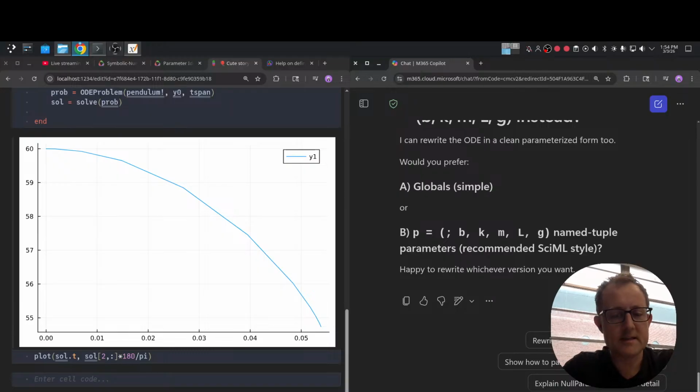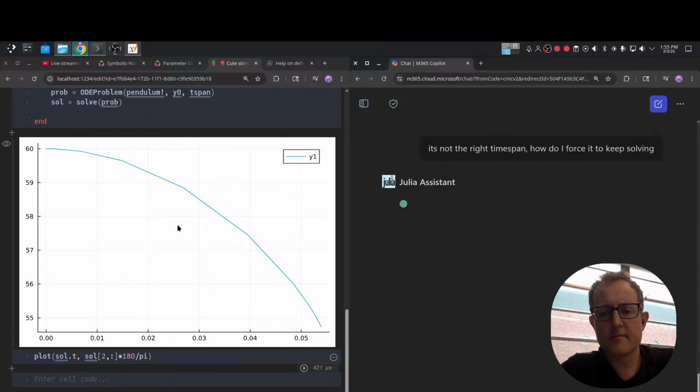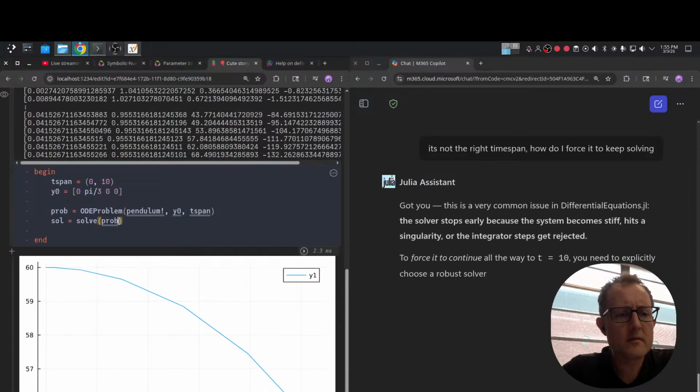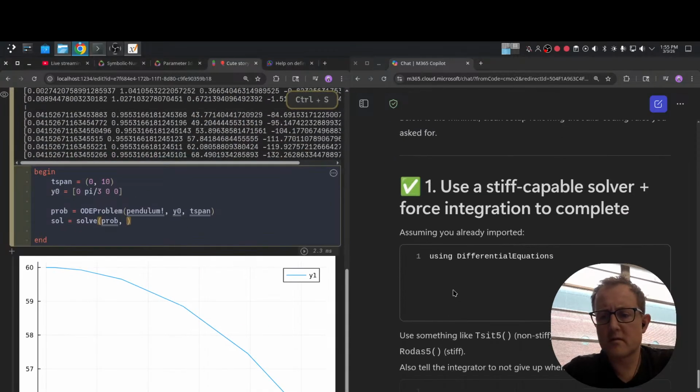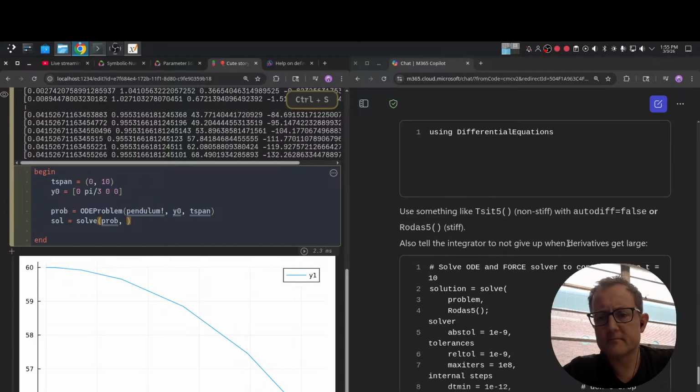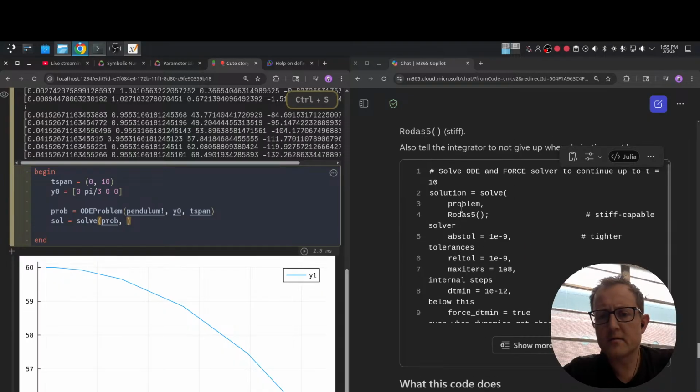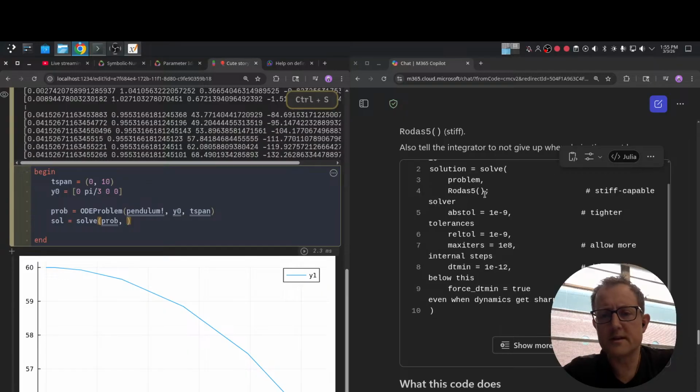My guess is that my... so I could use a different solver. Stiff capable.